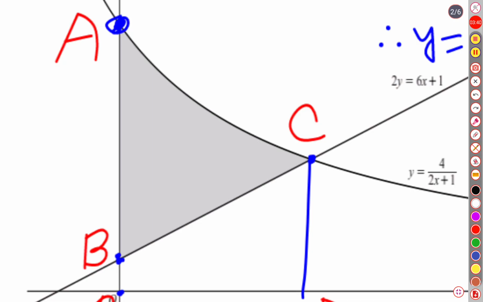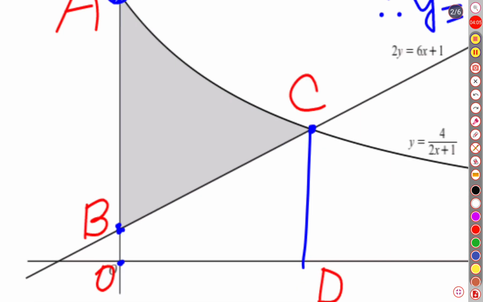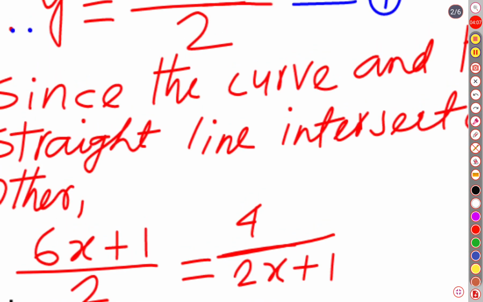That means y equal to the equation of AC and BC must be equal. So this is the point to be noted. Whenever the lines intersect each other, then at that intersecting point, both of them will have the same coordinates, means they will be equal to each other.